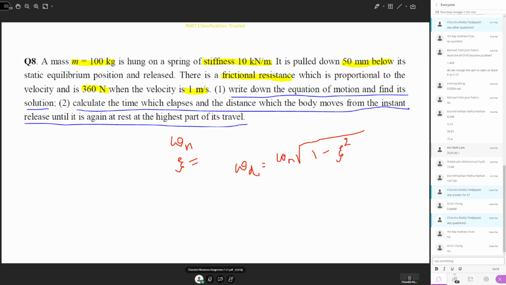Then you can write the response of the system x as capital X into e power minus eta omega n t, sine omega d t plus phi. So this is the response of the system.